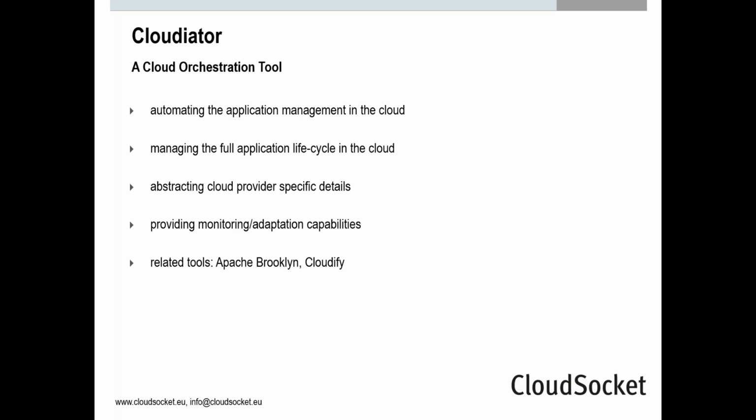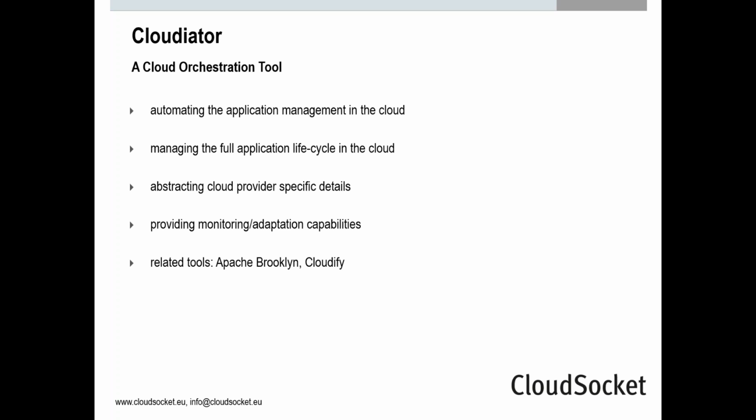Cloudiator enables the abstraction of cloud provider specific details. So the user of Cloudiator doesn't have to care about some details of Amazon or Azure or Google Compute. That's all abstracted by Cloudiator by providing a unified API.